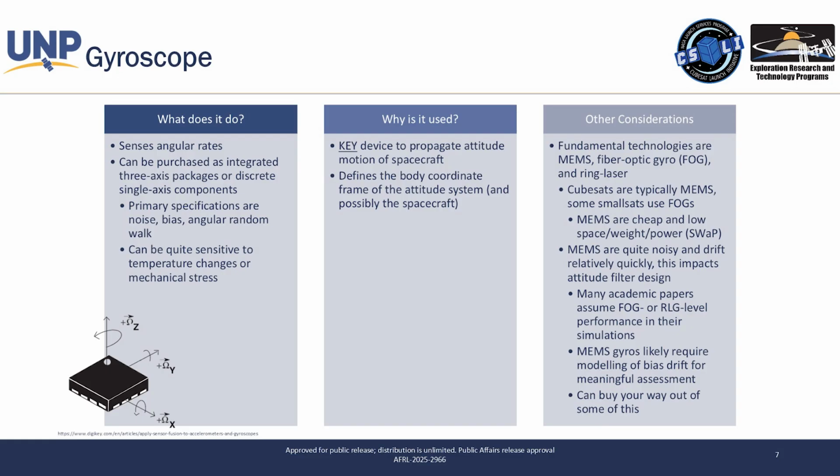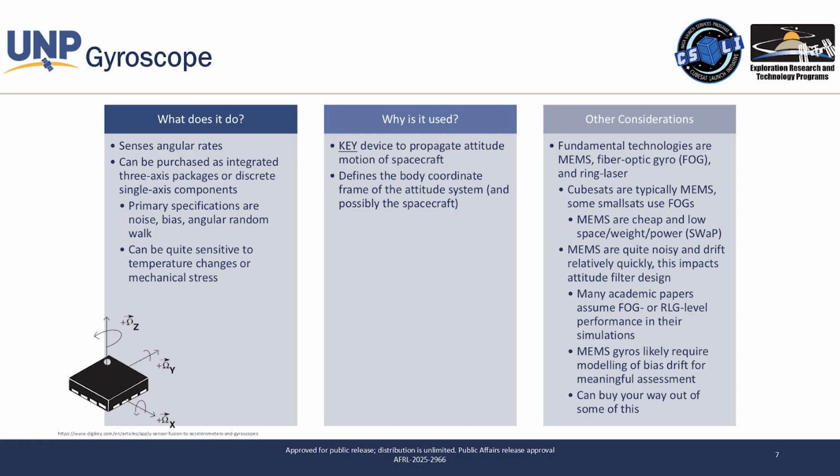So these really matter. Really cool ones that I've actually seen, you can sit on top of a desk and they will actually measure Earth's rotational rate, just like sitting on the ground. So yeah, you can get them more precise, but you can actually still measure them on the ground. The stuff that we use usually in small sat land is not going to be that precise, and that's okay, but they can be pretty cool.